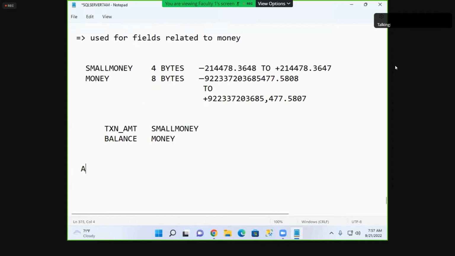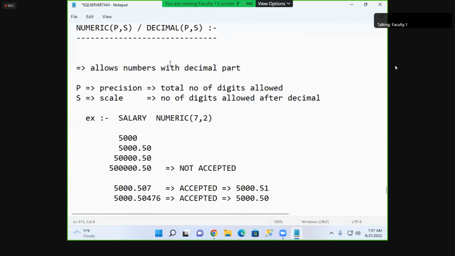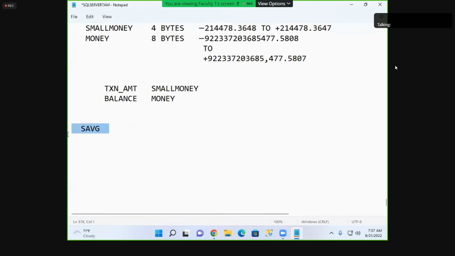Student average is also a float, but it is not related to money, so use numeric(P,S) or decimal(P,S). Understood? Bank balance: use money or smallmoney. Salary: use smallmoney or money.